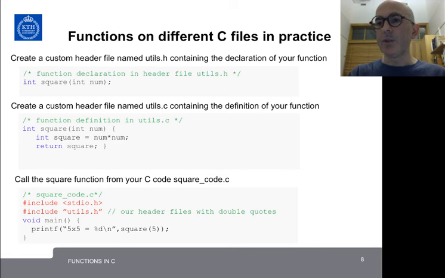Our main code is called square_code.c. In order to use our function defined in a different file, we need first to include it with #include "utils.h". The main code prints the integer value calculated calling the square function with 5 as an argument.